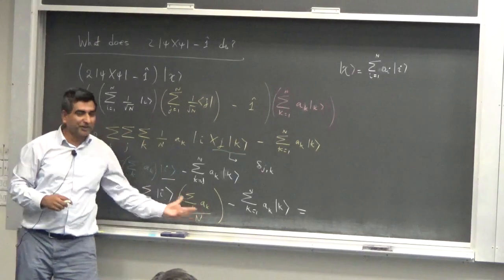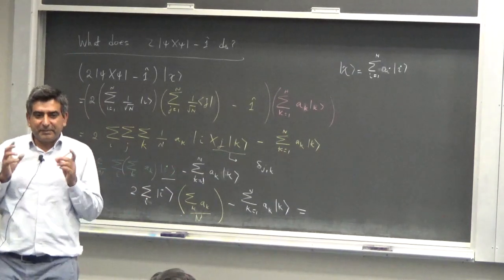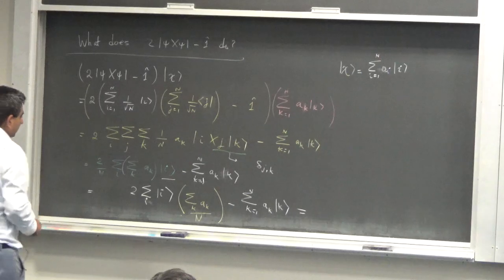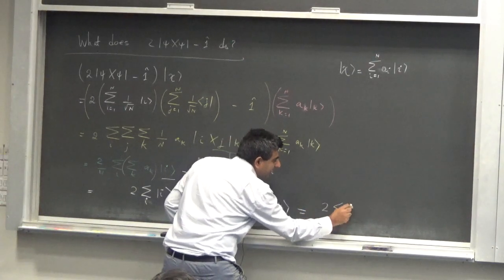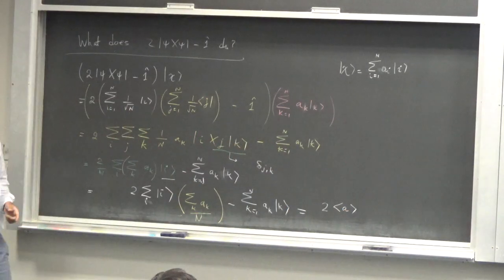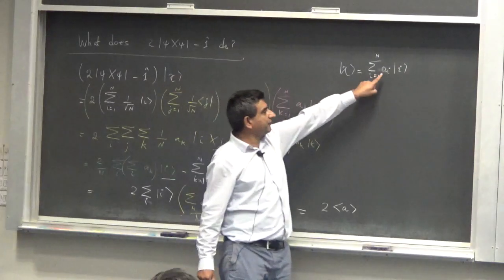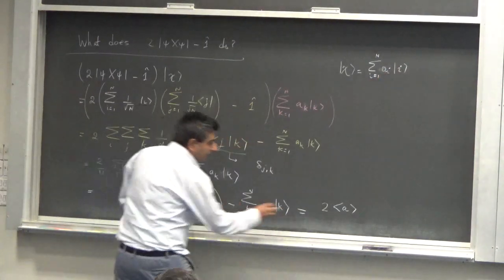So what does this look like? This looks like a mean amplitude. This is a mean amplitude. So this thing becomes 2 times the mean amplitude. Let's denote that mean amplitude by expectation value of A. A is just a complex coefficient over here, right? Now this is a number, a pure number.